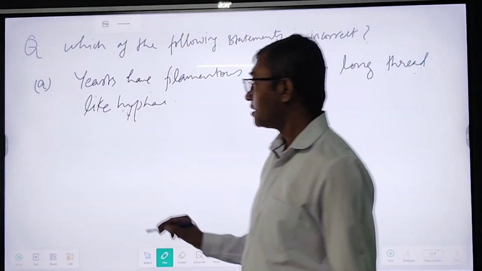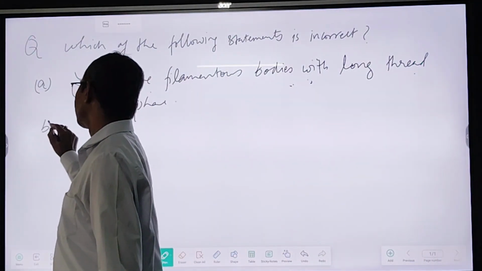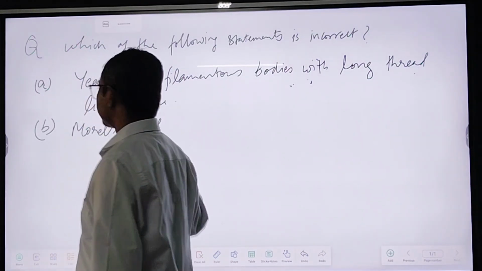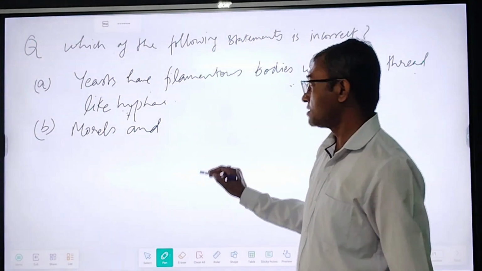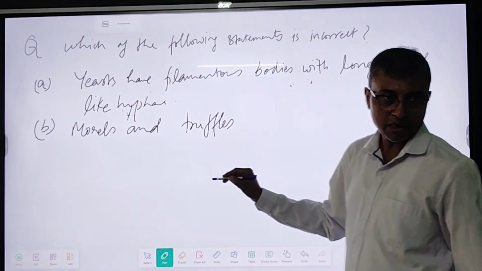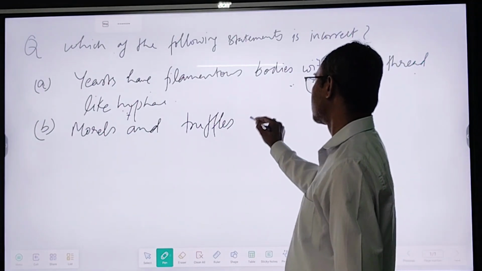Second is morels and truffles. Truffles are edible delicacies.